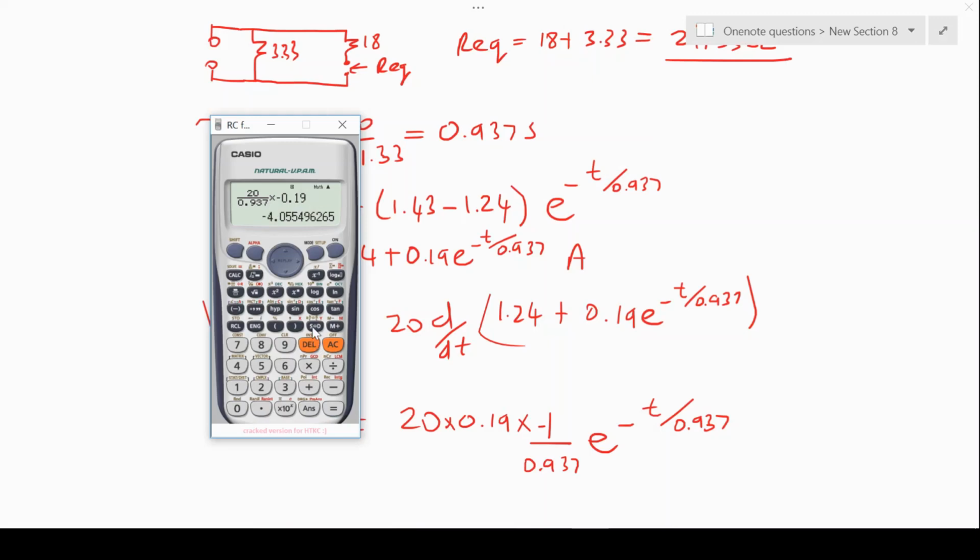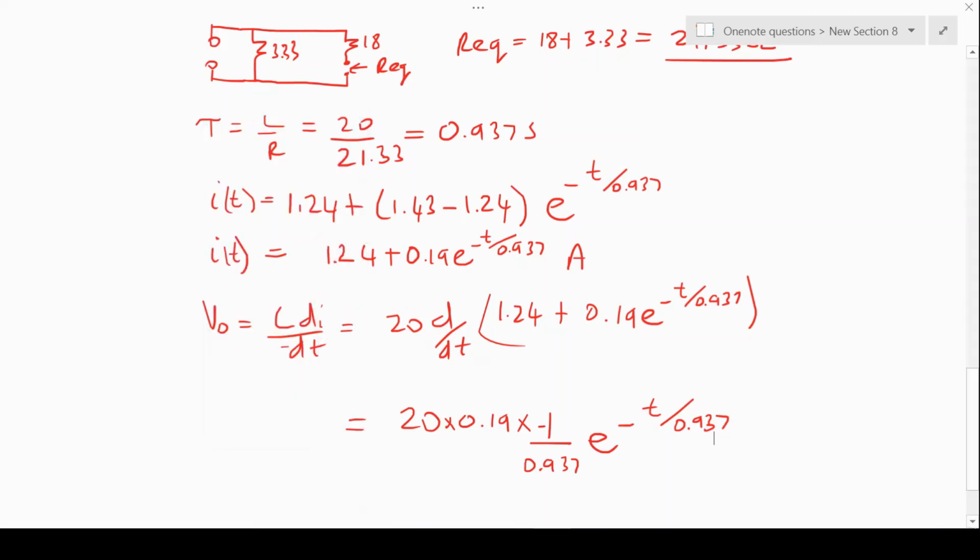And that gives us a value of negative 4.055. So this is going to give us negative 4.055 e to the negative t over 0.937, and this will be in volts.